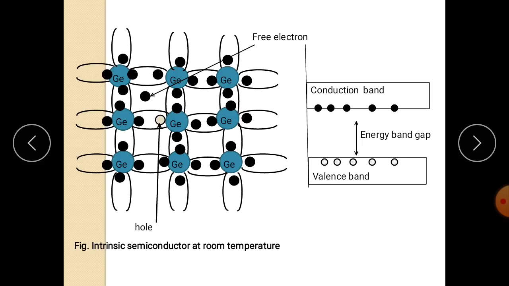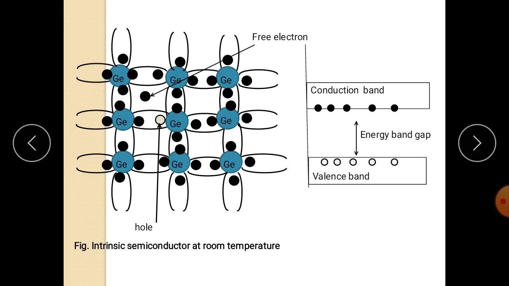When an electric field is applied to an intrinsic semiconductor at a temperature greater than absolute zero, the conduction electrons move to the anode and holes move to the cathode. Hence, electric current is generated due to the opposite movements of the holes and electrons.